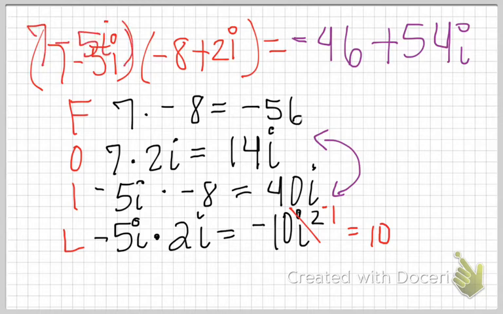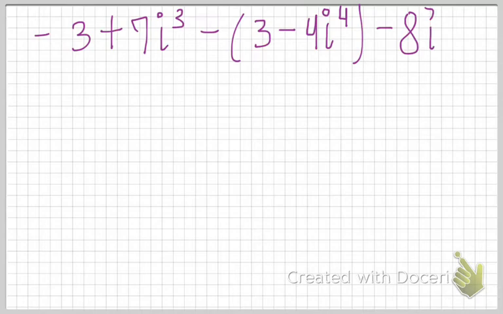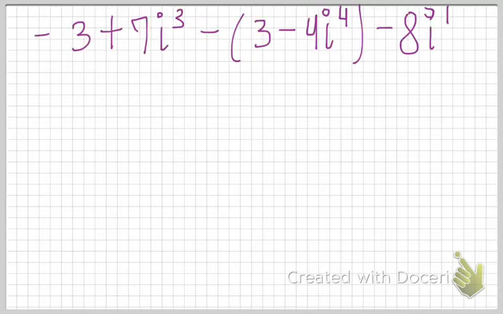For the next problem, we're working when we have our i values higher. So for instance, negative 3 plus 7i to the third minus 3 minus 4i to the fourth minus 8i to the 10th.